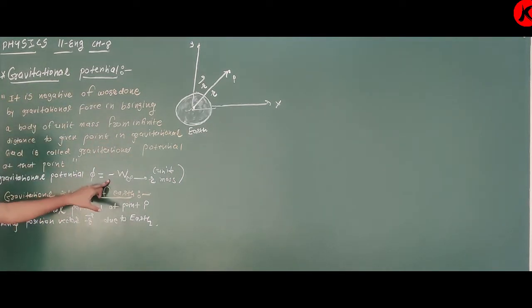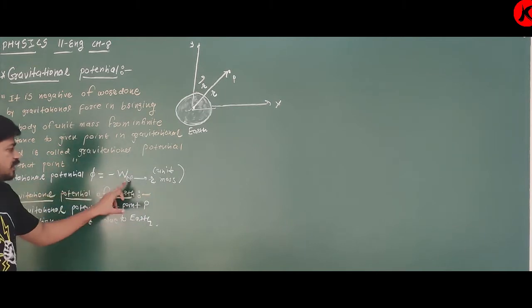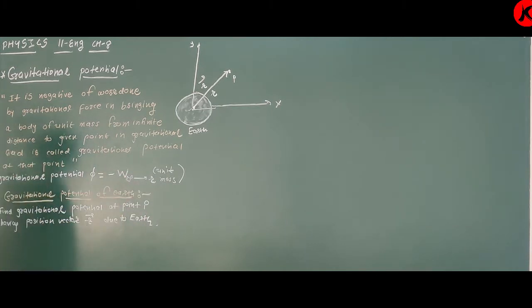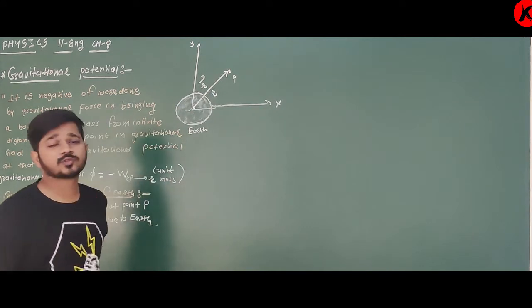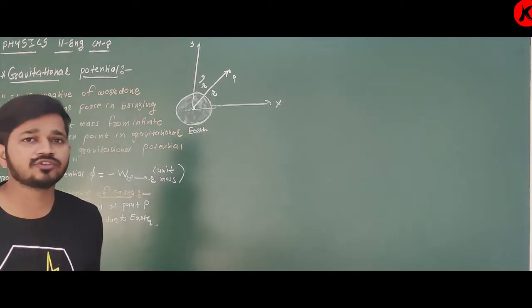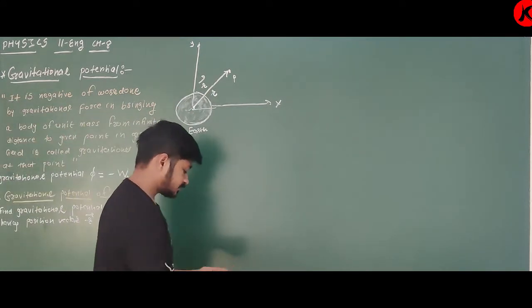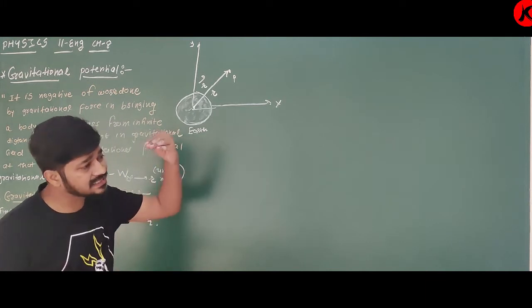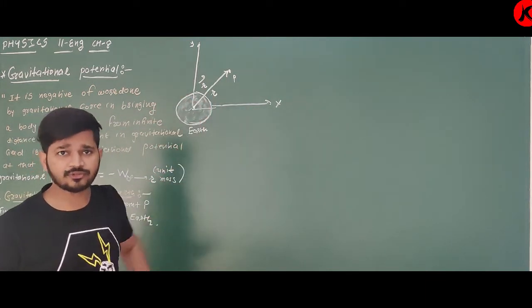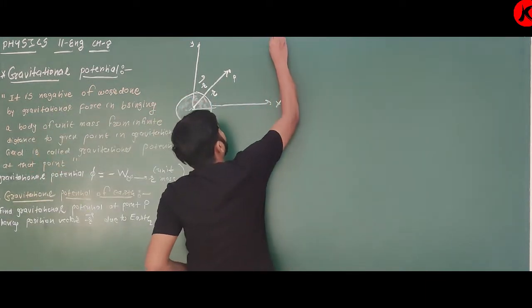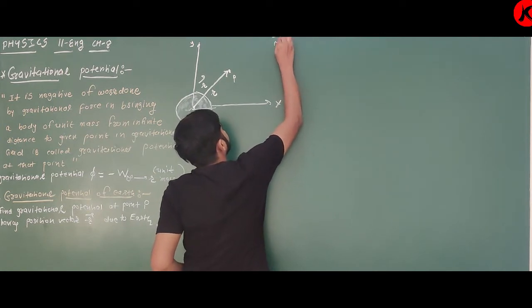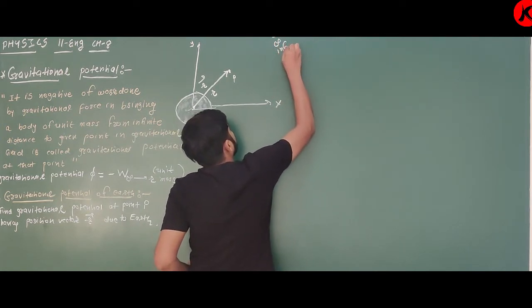It is the negative of work done to bring unit mass from infinite distance to the given point. I am taking infinite distance, which means outside its field. So suppose it is a point at infinite distance.